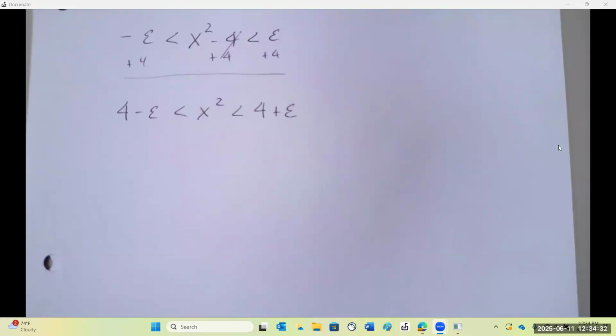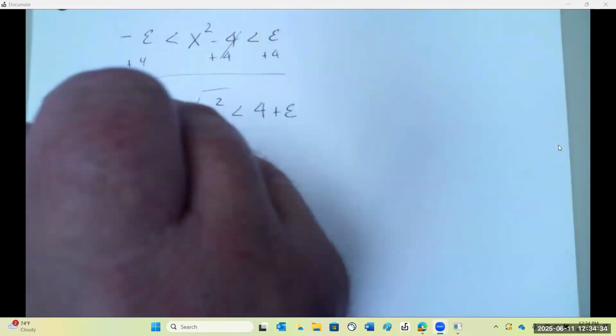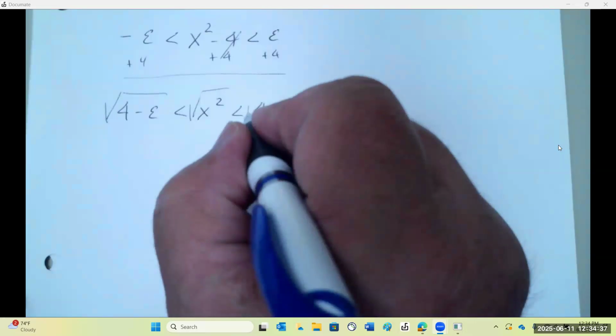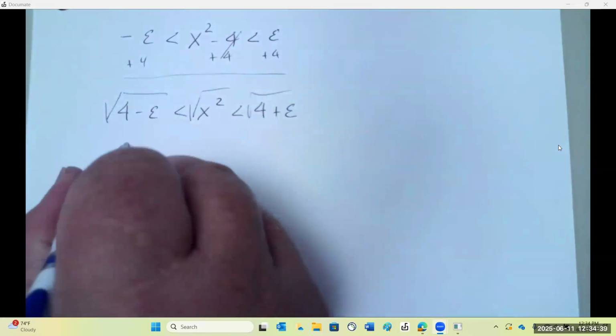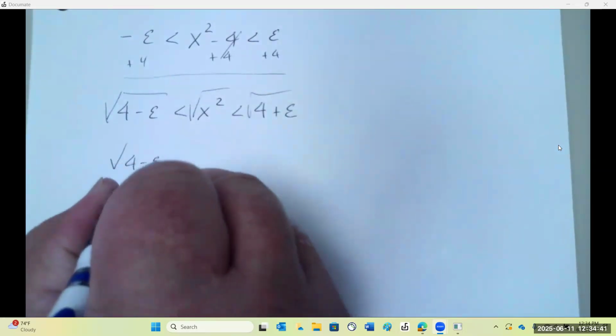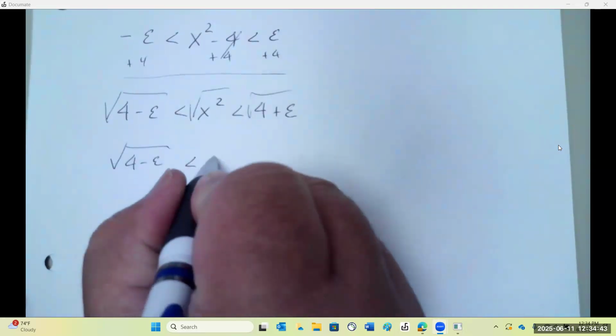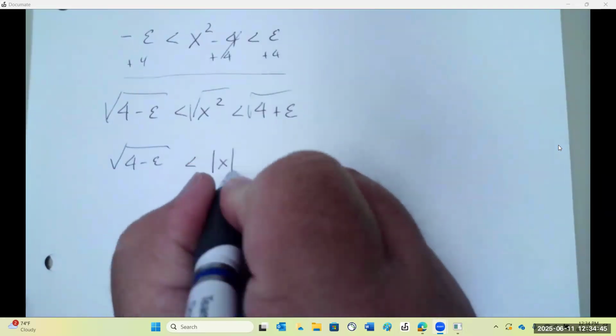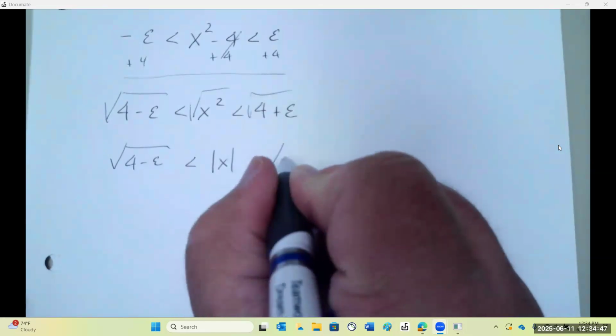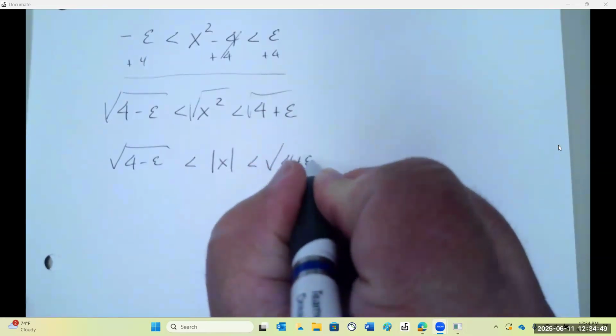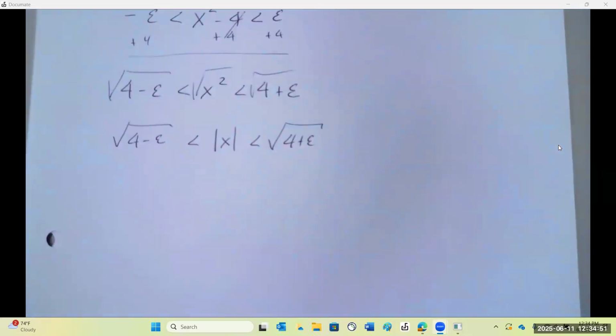Square root all three sides because we're trying to get x by itself. So the square root of 4 minus epsilon is less than the absolute value of x. I'll show you why that is important in a second. Why do we have to put the absolute value of x?